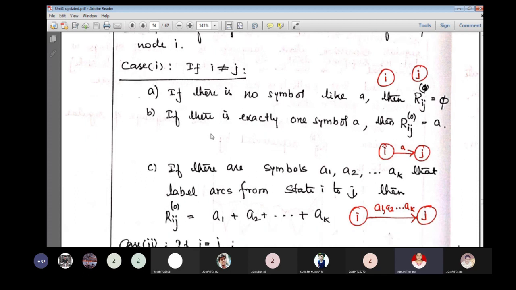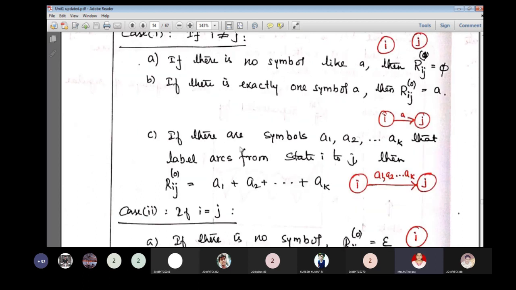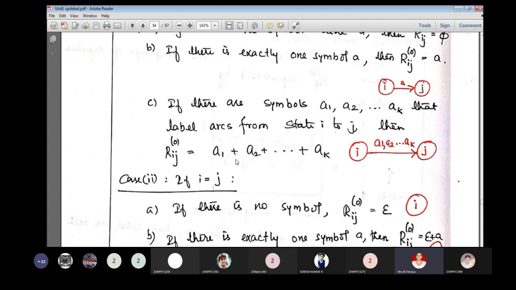If there is exactly one symbol a, then you can represent it by a. You may have more than one symbol from i to j. How can you represent those symbols with the OR operator? Either a1 or a2 and so on up to ak, that is a1 plus a2 and so on plus ak.